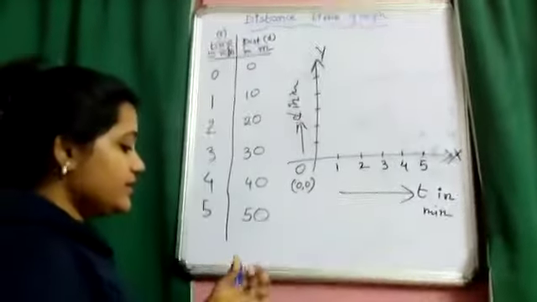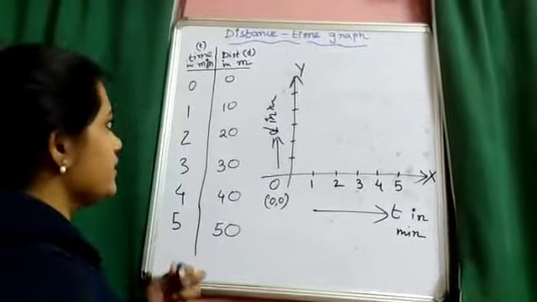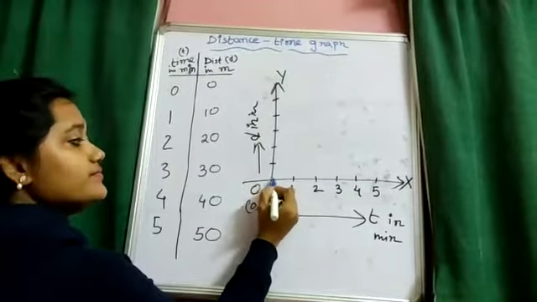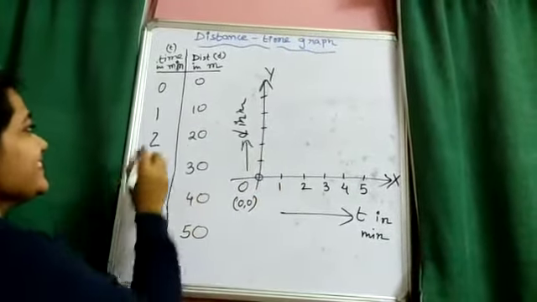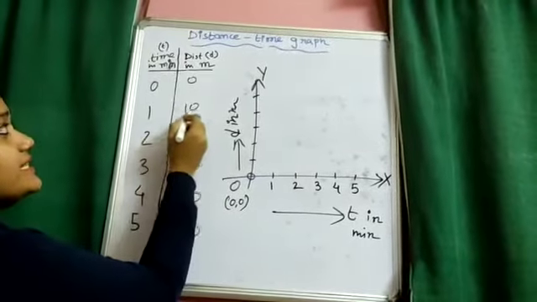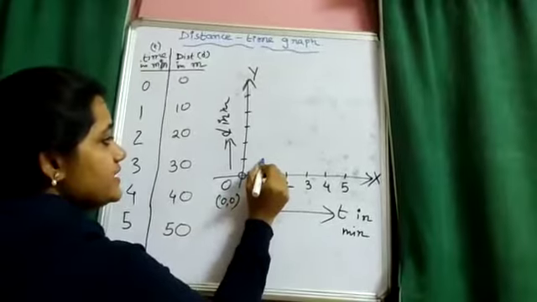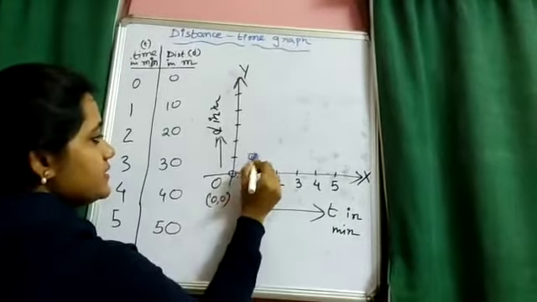Okay, so the first point, what is the coordinate? 0, 0. Okay, this one. Then at 1 minute you have covered 10 meters of distance. So 1 minute, 10 meters.